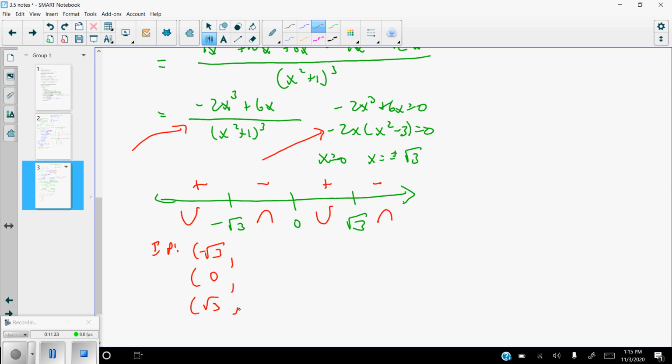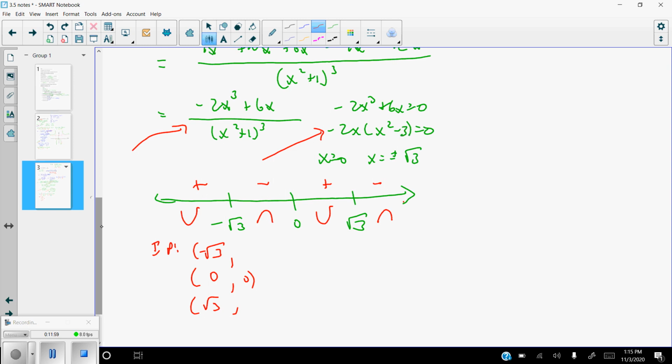All right. So finding your inflection points is a little more challenging. The 0 one's easy. That's 0, 0. If you plug that back into your original function, that's easy. If you plug square root of 3 or negative square root of 3 back into the original, what you'll see is you're going to get out exactly the opposite values. So basically, that means that this is going to be an odd function, which I didn't actually test for before, but it will be.